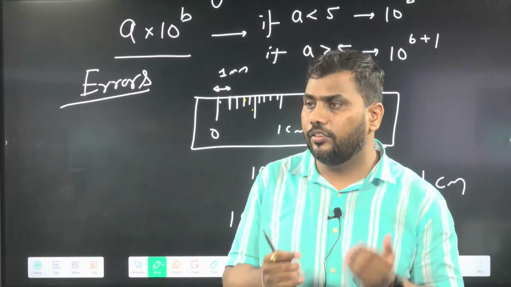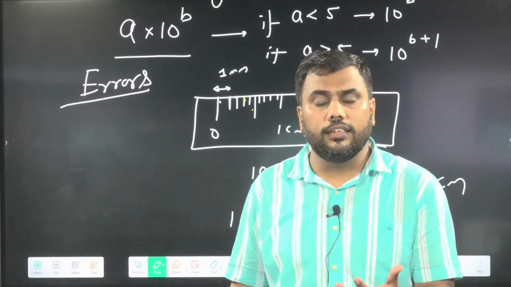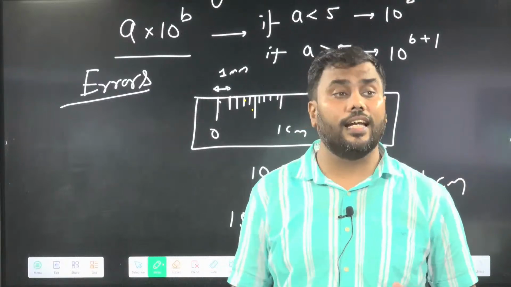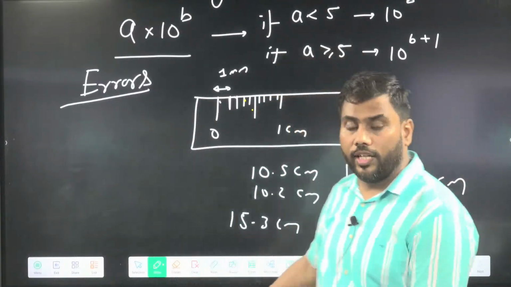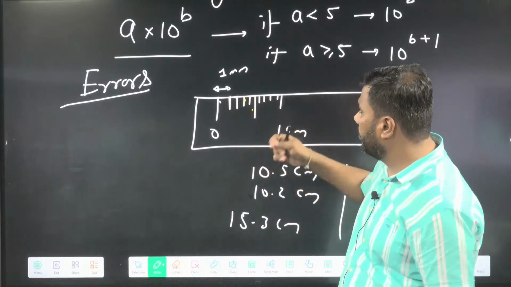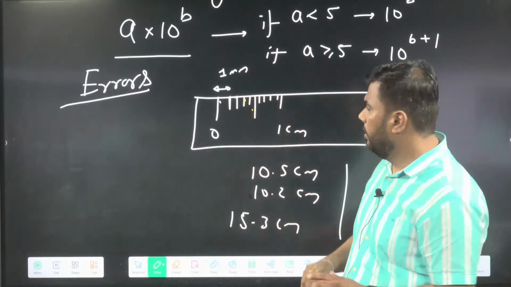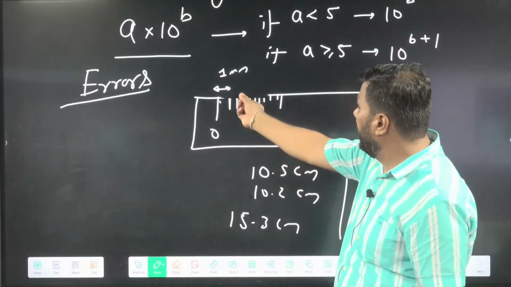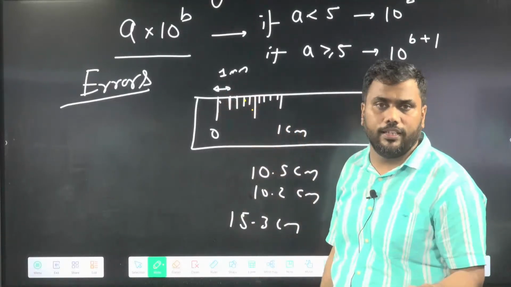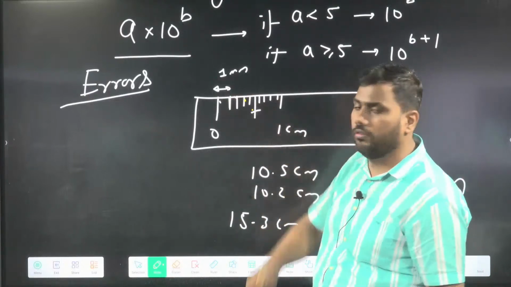This uncertainty is called error. And this uncertainty may be because of the instrument or maybe because of our carelessness. For example, here I'm making a scale. If I say this pen is 0.7 mm long, then that will be completely wrong because my scale is wrong.